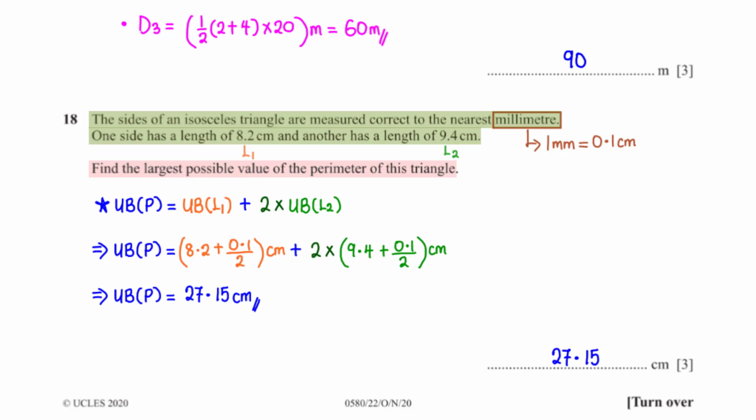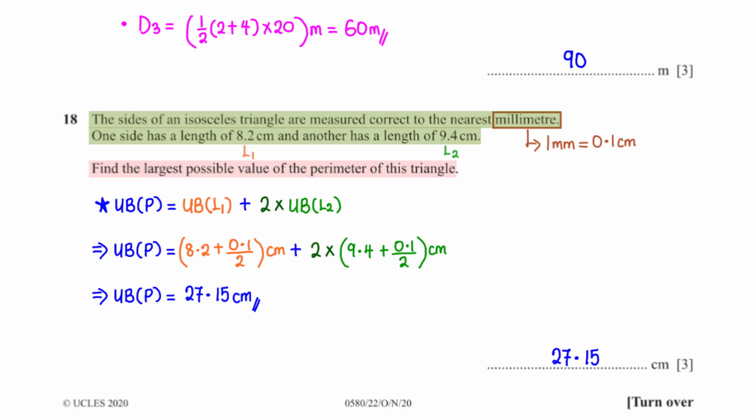But since we want to find the largest possible perimeter of the triangle, we want the third length to be the same as L2, which is longer than L1. This is why we multiply L2 by 2. In addition, the upper bound of the perimeter will be equal to the upper bound of the side lengths of the triangle.